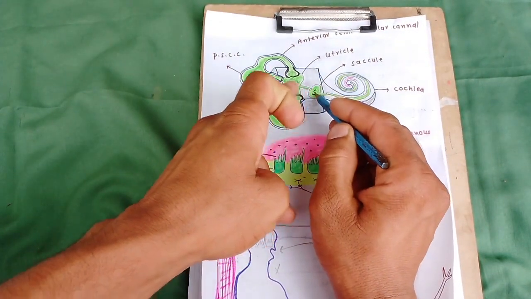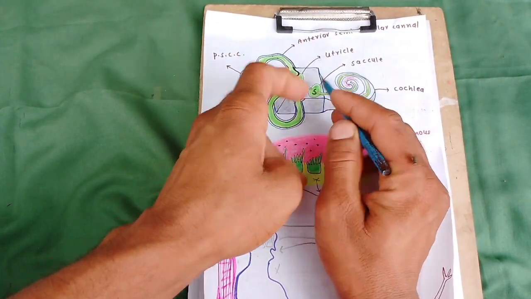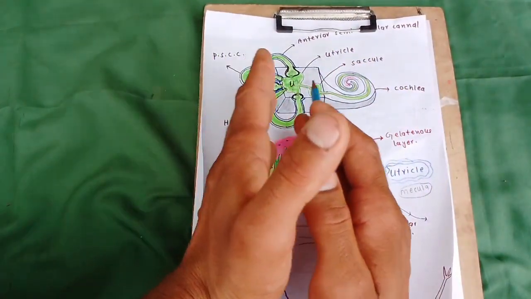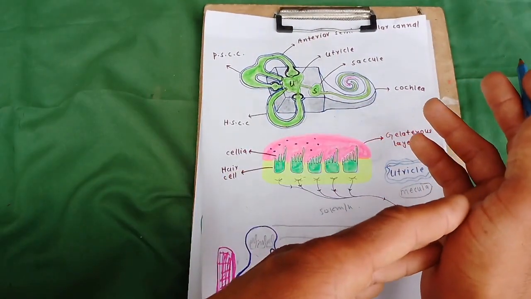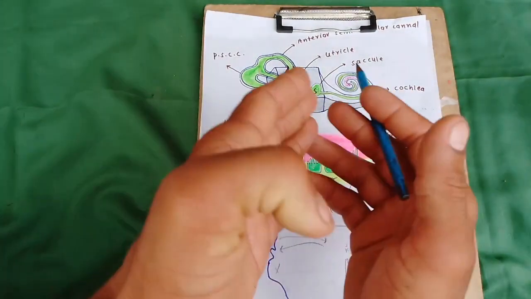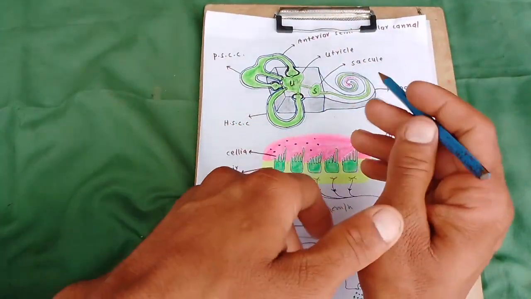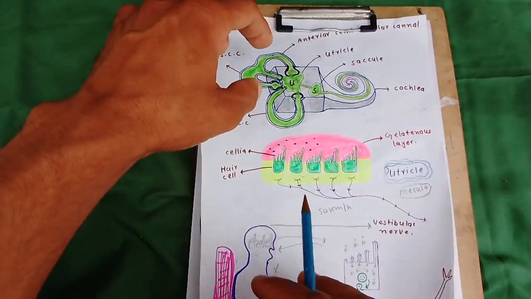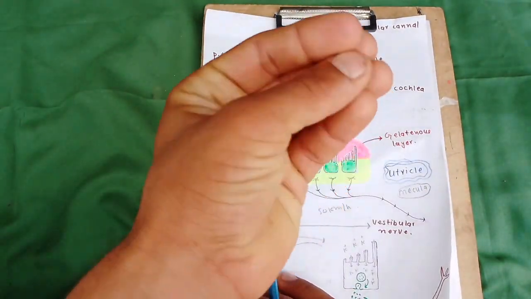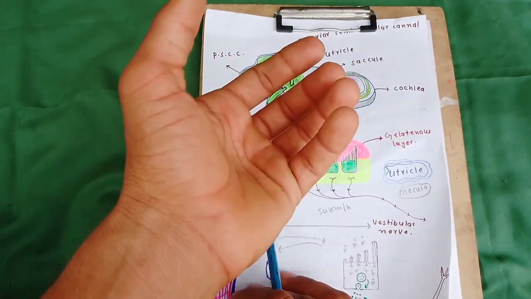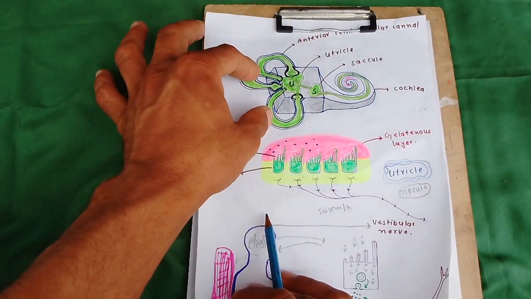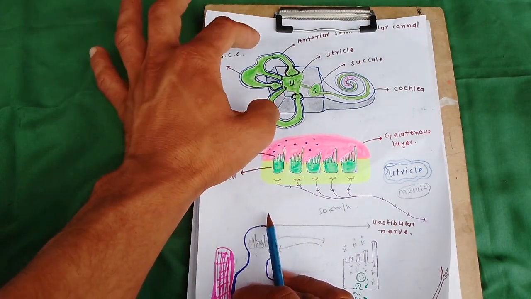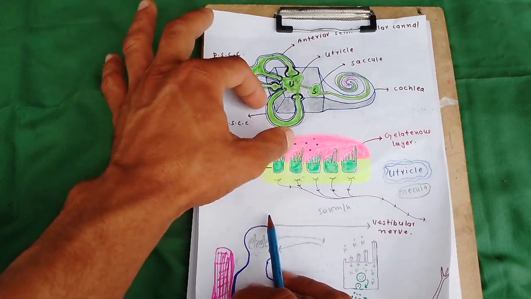The utricle and saccule are the two organs which maintain body posture and equilibrium during linear motion, forward motion, backward motion, upward and downward motion. But when the body is in rotational motion or rotational acceleration, equilibrium is controlled by the three semicircular canals.